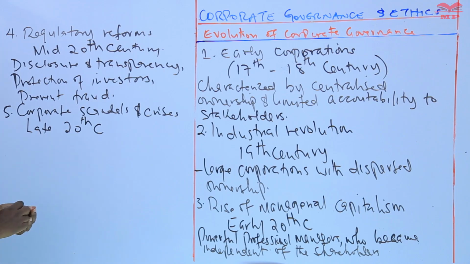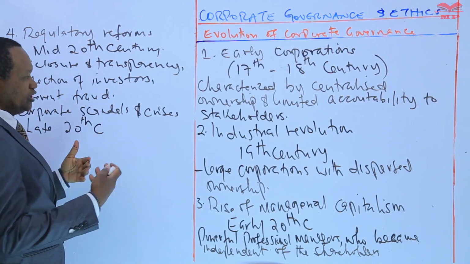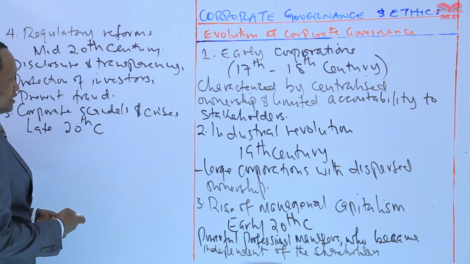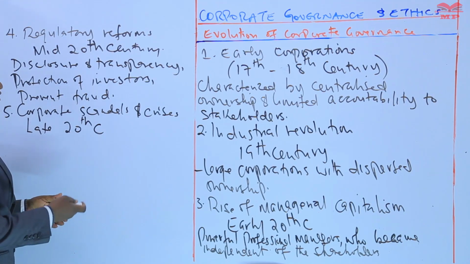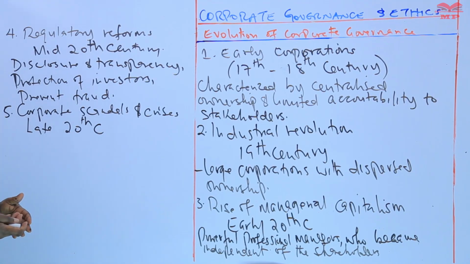So the scandals revealed weaknesses in the existing corporate governance structures. As a result of the crisis and the scandals, there was need again to develop reforms, a wave of new initiatives in order to improve corporate governance practices.